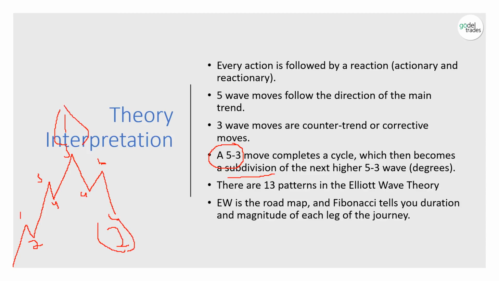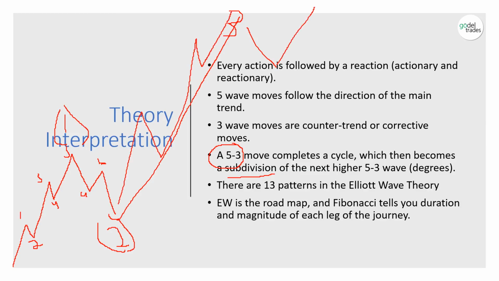Okay, and this is now a subdivision of this sequence, and this sequence will continue to trade higher. 3, and then 4, and then 5, and of course within this wave 3, you've got a 5-wave move. Within this wave 1, you can count a 5-wave move. It's fractal in nature. Okay, so this 5-wave move makes up this wave 1. This 5-wave move makes up this wave 1.